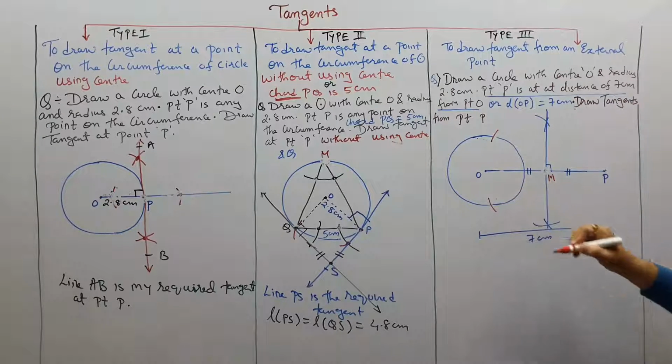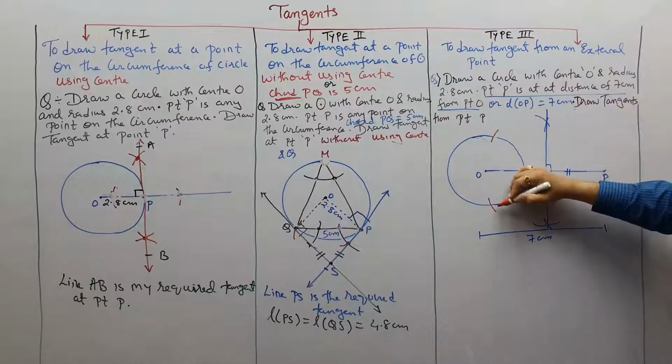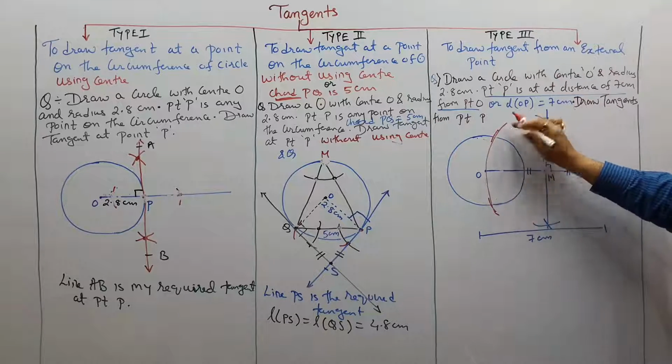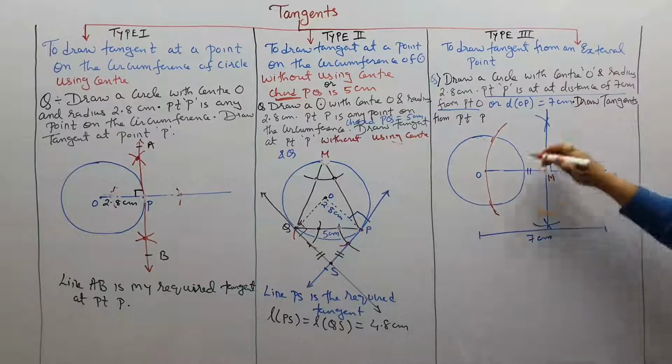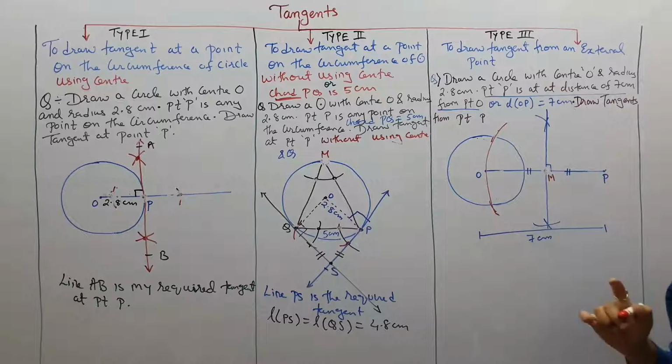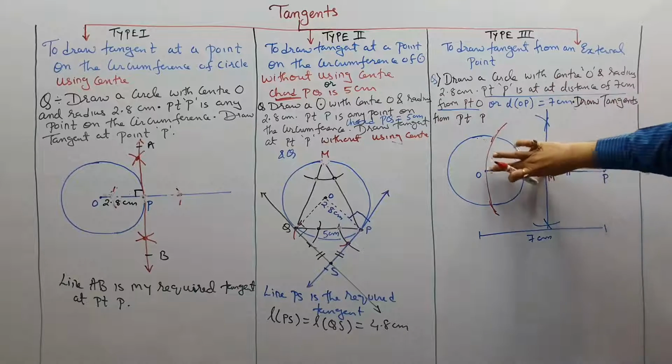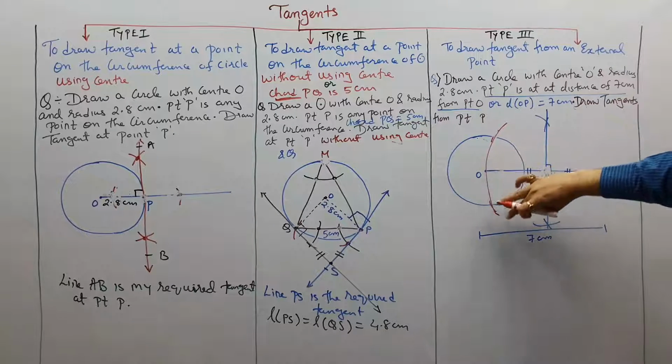Normally you need to go for an arc. There are many boards who will say that go for a continuous arc. Choice is yours. I repeat, M as a center, MO as a radius, go for an arc.